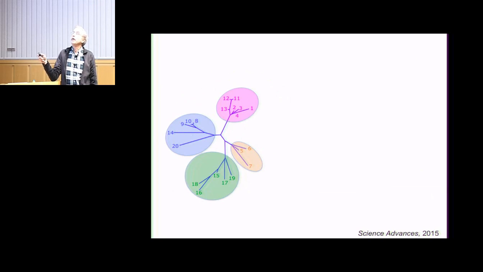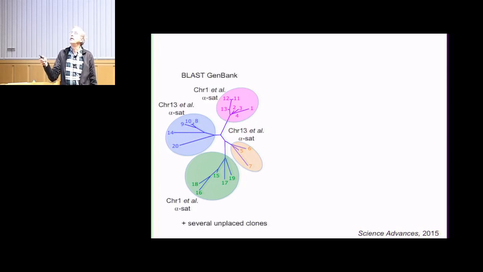Now, when we used each of these 20 sequences to search GenBank, what we found was that these two branches correspond to what's been annotated as being part of chromosome 1 and some other chromosomes. And these two correspond to chromosome 13 and some other chromosomes.